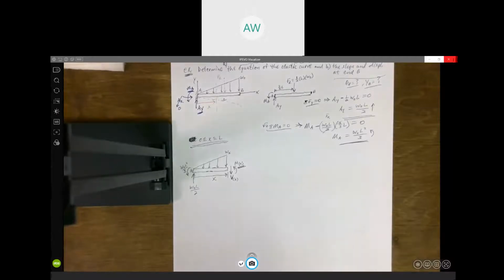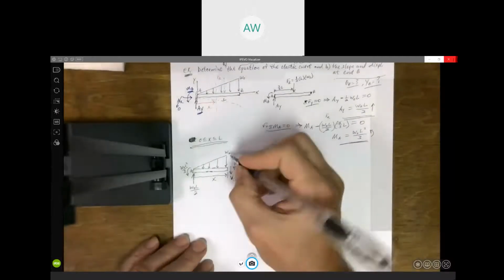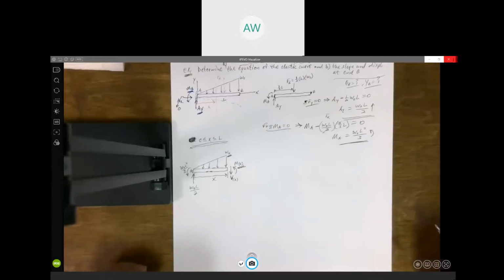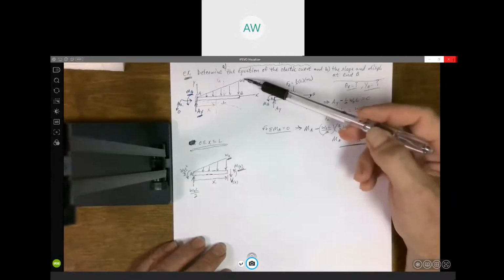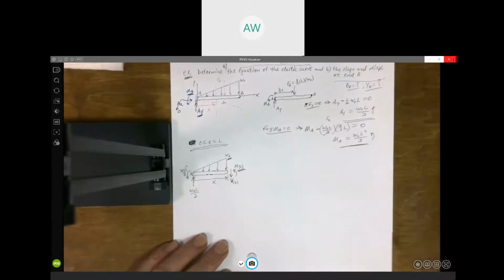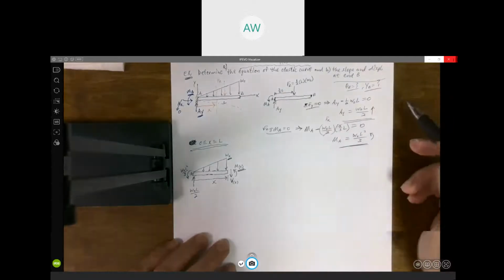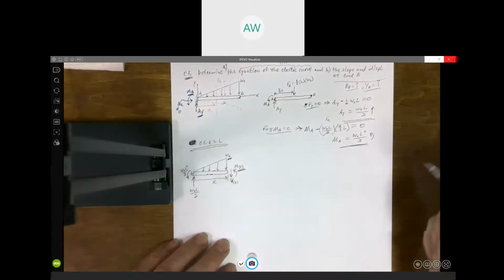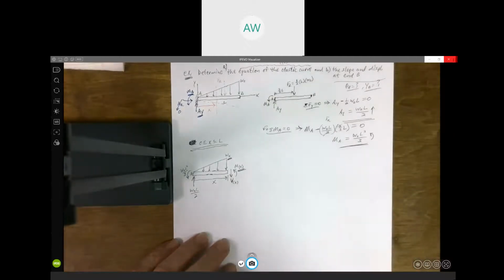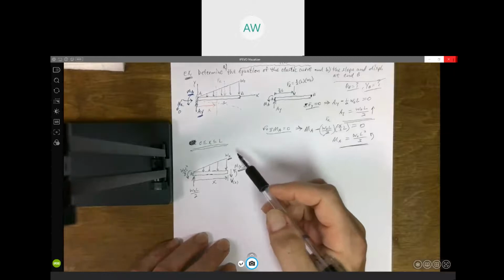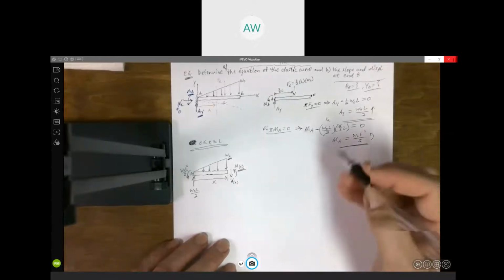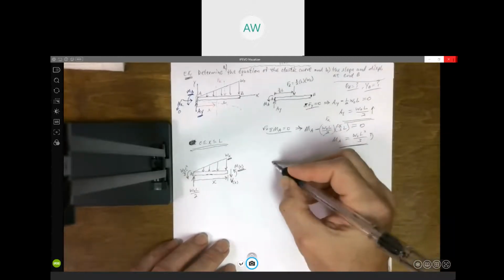Well, in order to do that, we need to know what the magnitude of that distributed load is, again, in terms of what the maximum is. And I'm pretty sure I remember doing one similar to this back in chapter 6, and I mentioned that there's several ways you can do this. I kind of like using similar triangles.